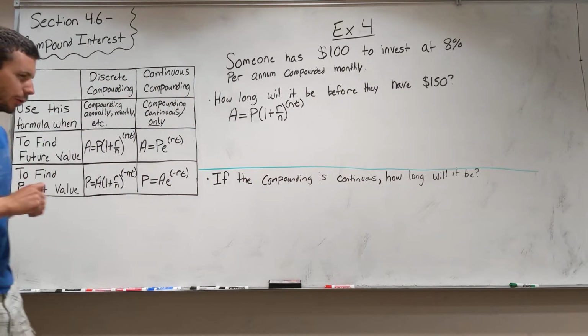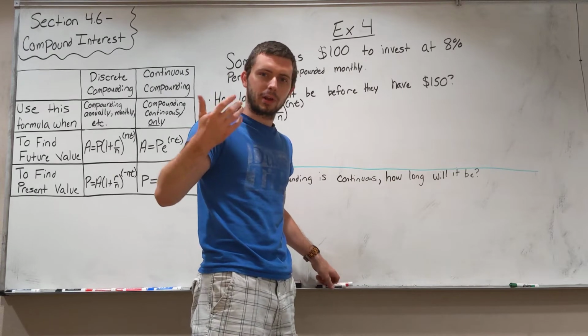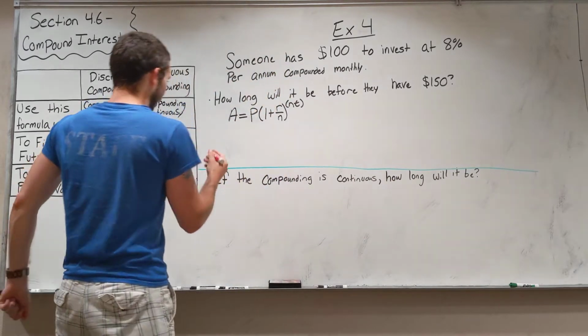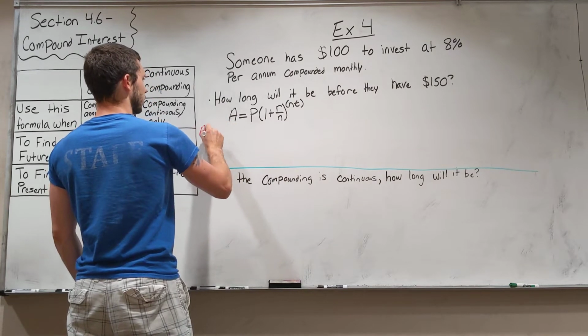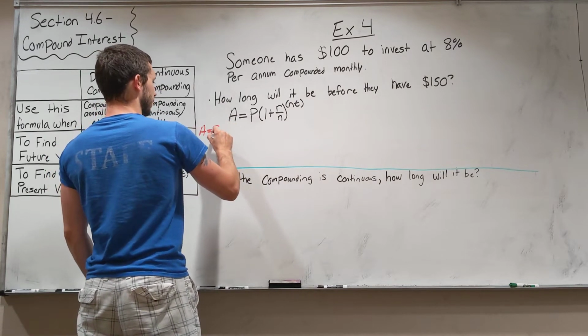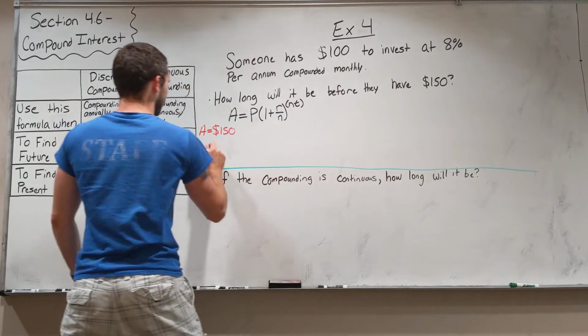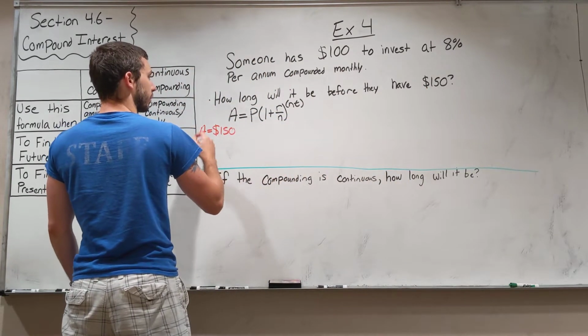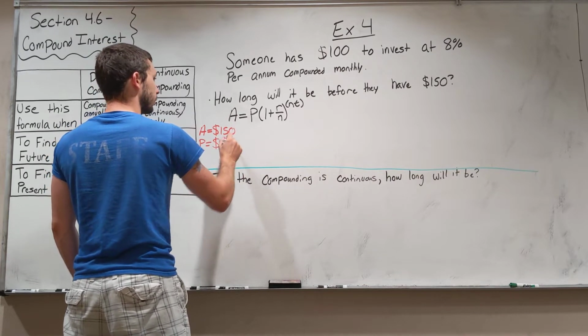And from here, we're going to start off the same way we have before. We're going to identify all of our givens and plug those in accordingly. So A here, A is 150, that's the final amount, which they give us over here. The principal value, or the present value, is $100.